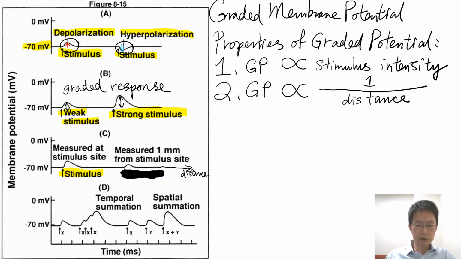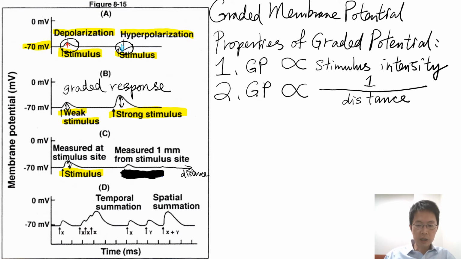If you give a stimulus at the beginning of the axon that I highlighted in yellow, and then you measure the deflection immediately after the site of stimulation, you see this deflection here.